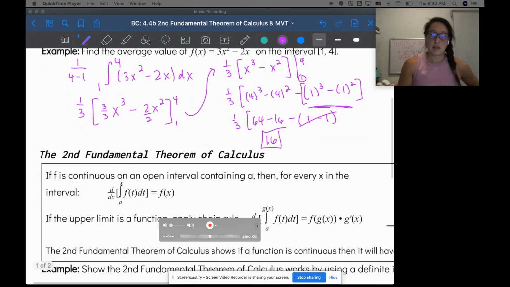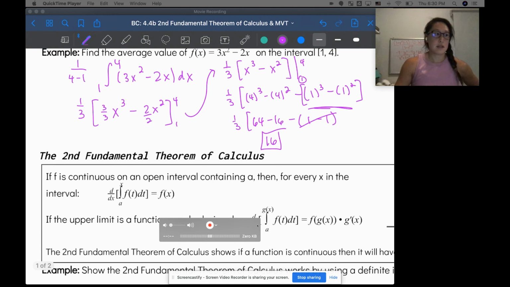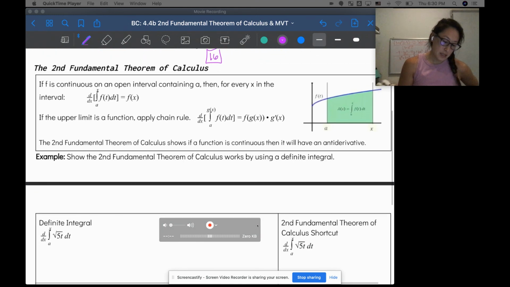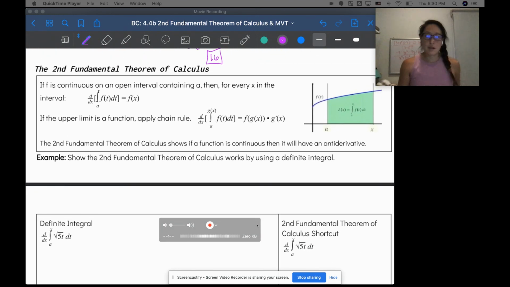Okay, next, my friends, we have the second fundamental theorem of calculus. The second fundamental theorem of calculus just says that if a function is continuous, then it will have an antiderivative. That's it.